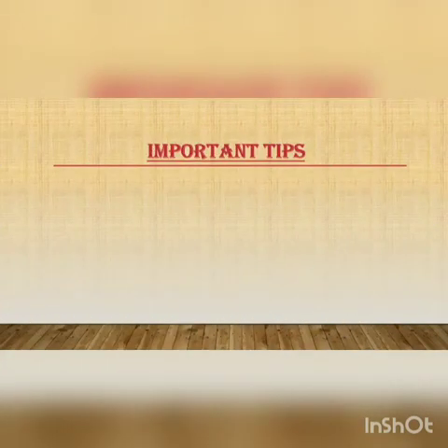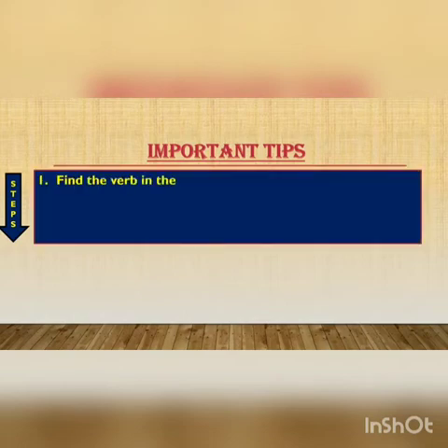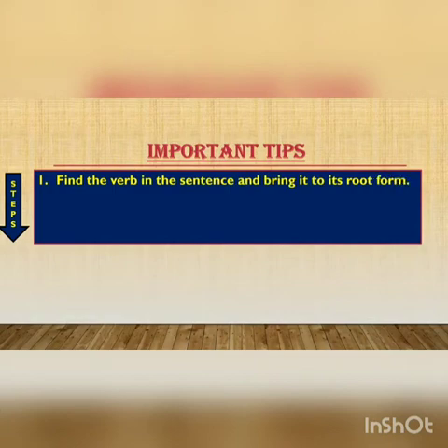Just to make this conversion process simple for you, I have divided it into 3 simple steps. We will follow these steps one by one and our sentence will get changed into negative. Step number 1. Find the verb in the sentence and bring it to its root form. Step number 2.